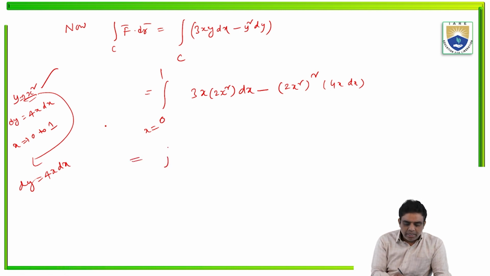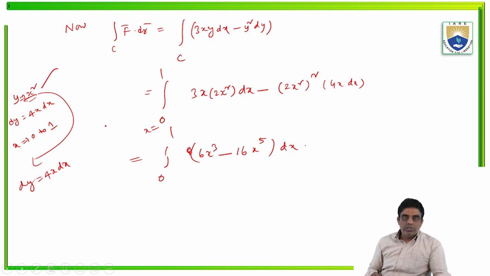That is the integral from 0 to 1 of 6x cube minus 16x power 5 dx. Let me verify: 3 times 2 is 6x cube for the first term; second term, 2 square is 4, 4 times 4 is 16, x power 4 into x is x power 5 dx.